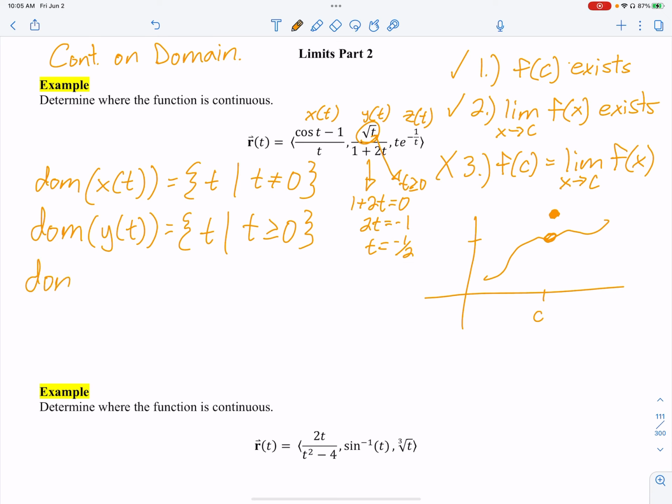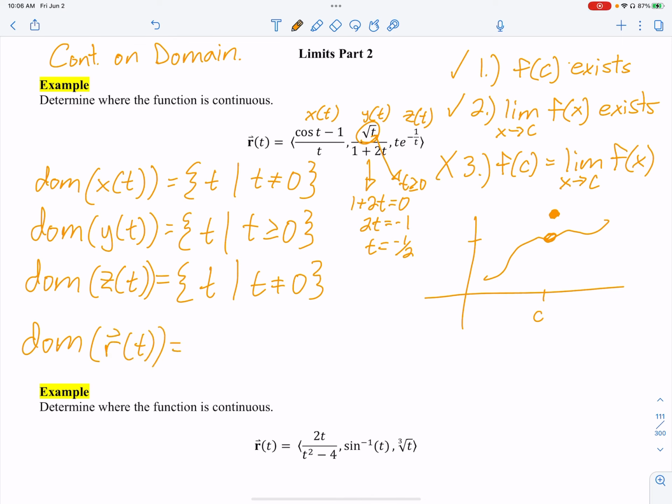Right? And then the domain of z will be all t's such that, and then I can multiply t by anything. The t's in the denominator are my exponent, so t cannot be 0. All right, so the domain for the vector valued function would be the overlap of those.